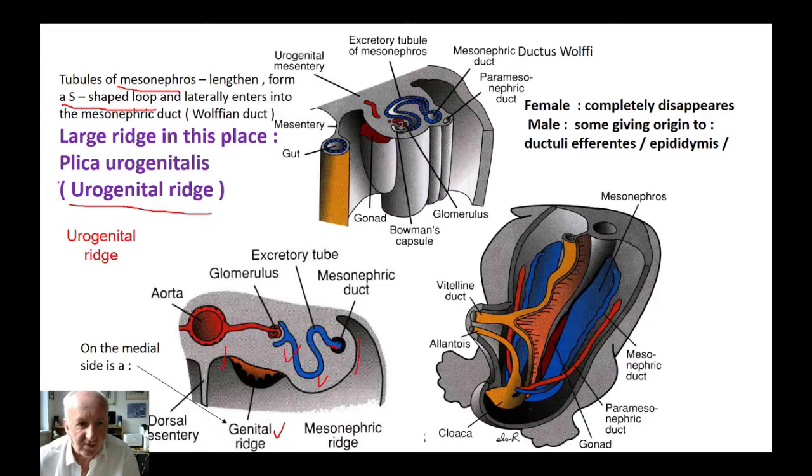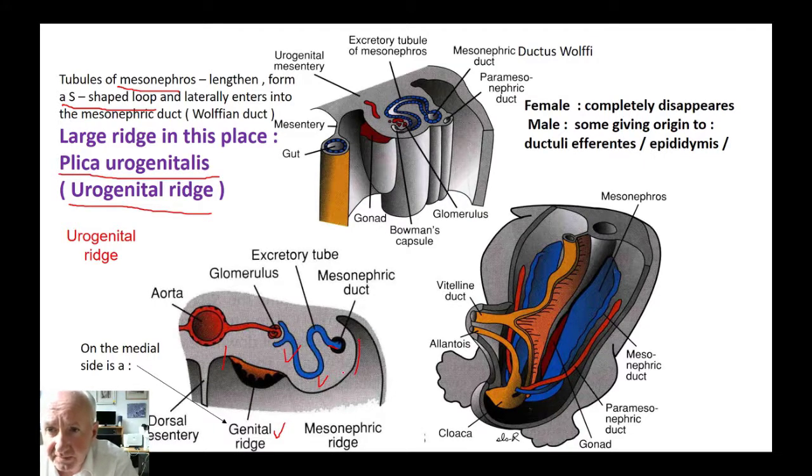So, plica urogenitalis, urogenital ridge, is seen at this moment with two subtypes, the genital ridge and the urinary ridge.